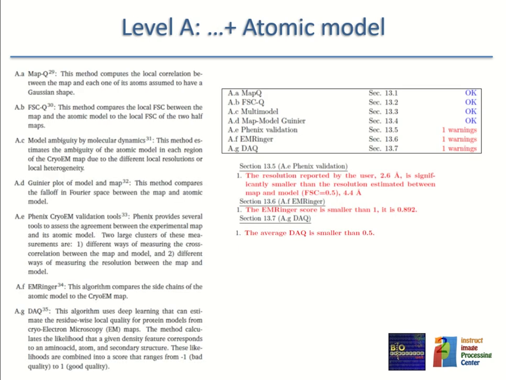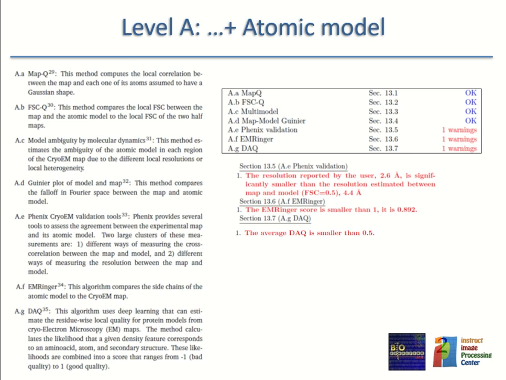If you give an atomic model, there are many other tools that you can use. Here we try to be complementary to the checks of EMDB. So we implement MapQ, FSEQ. We can fit multiple models with molecular dynamics and see which parts are more variable.